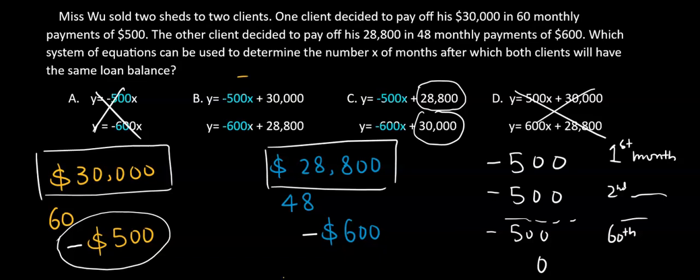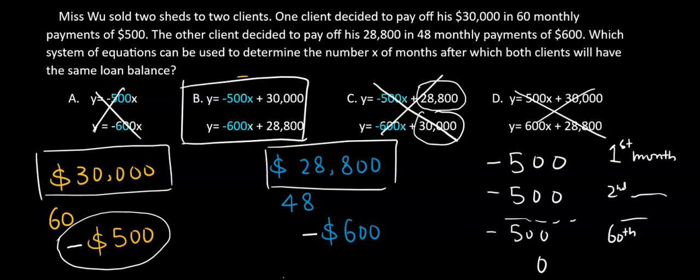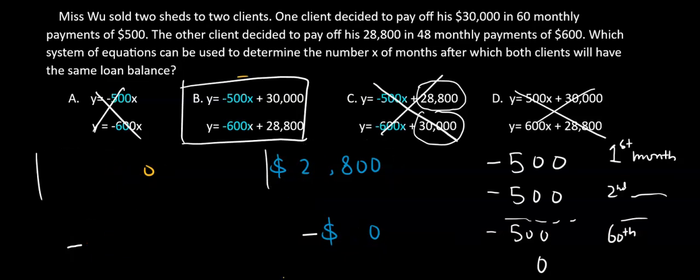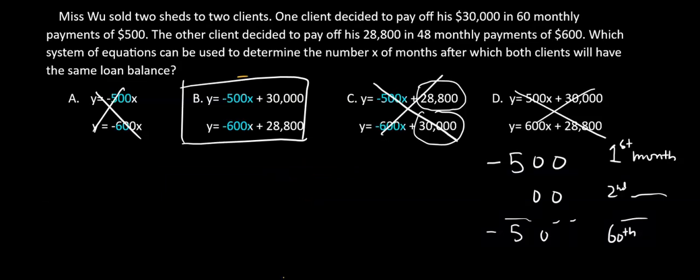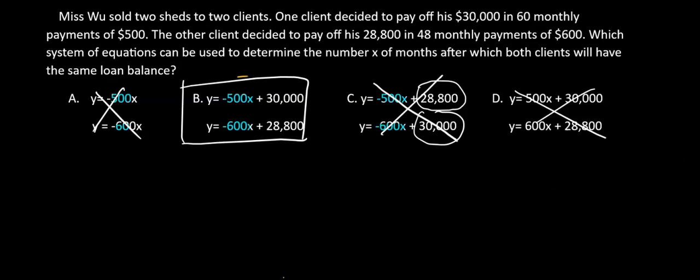I know it can happen in real life. Sometimes people make a mistake, but that's the mistake we don't want to see. All right. So this one is good. Let me erase everything here and keep the good one. Now look at choice B. Choice B tells us the original debt is $30,000 for the first client, and each month we're going to take away $500 from his statement paper.